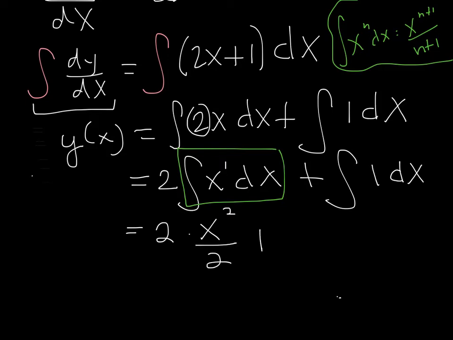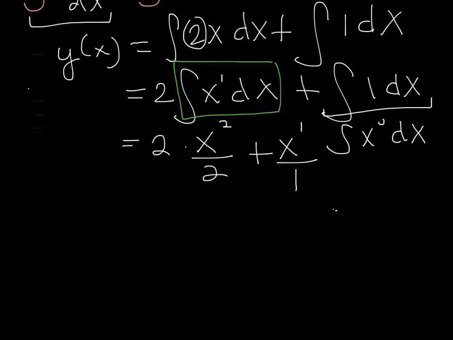And I'm going to integrate 1. Well, another way of looking at this is the integral of x to the 0 dx, because x to the 0 is equal to 1. So if we add 1 to the power, we get x to the 1 over 1. And finally, we're just multiplying fractions here, so the 2's cancel, plus x.